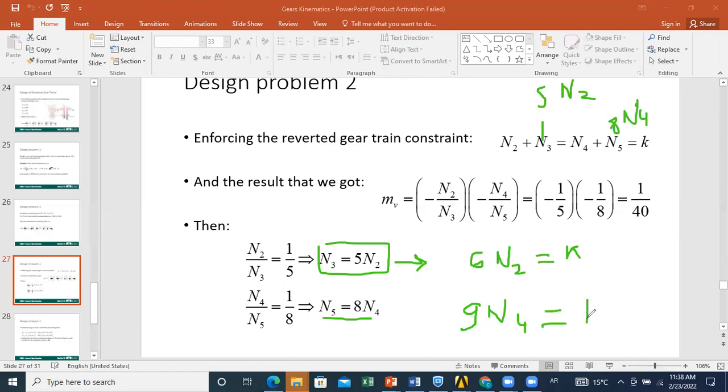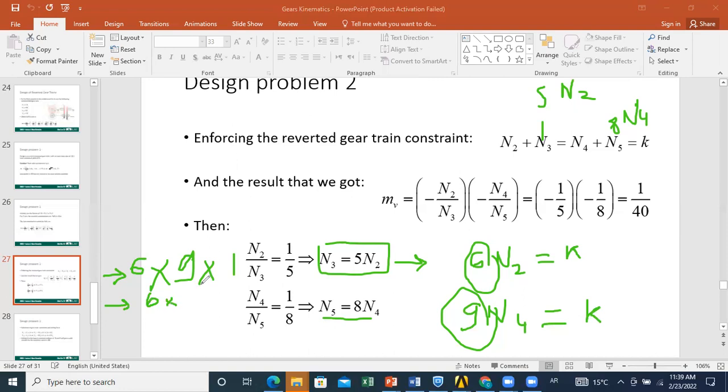And now from this result, k should be a multiple of 6 and also a multiple of 9. So the minimum possible value of k is 6 times 9. So you can start with k equal to 6 times 9 times 1. This is the first possibility. If it works, it's fine. If not, you try the other choices.